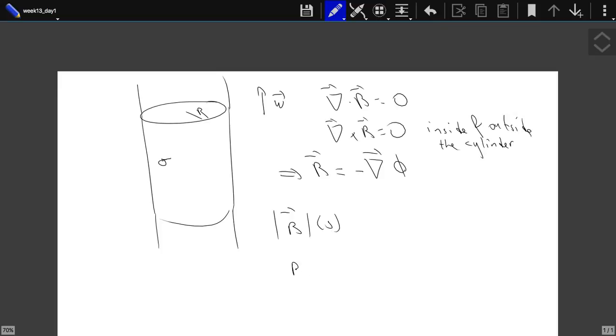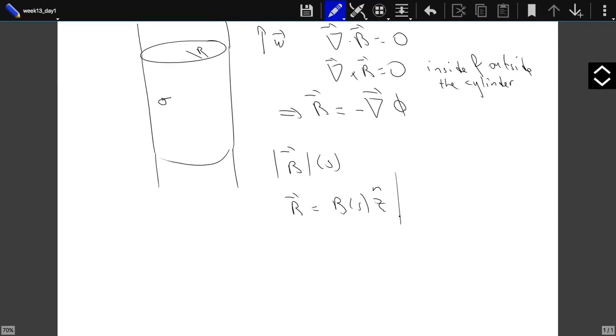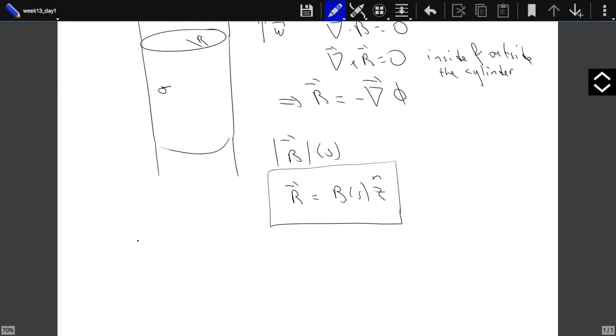We also know that B should be, let's say, B_s in the z direction. Now, B depends only on S.